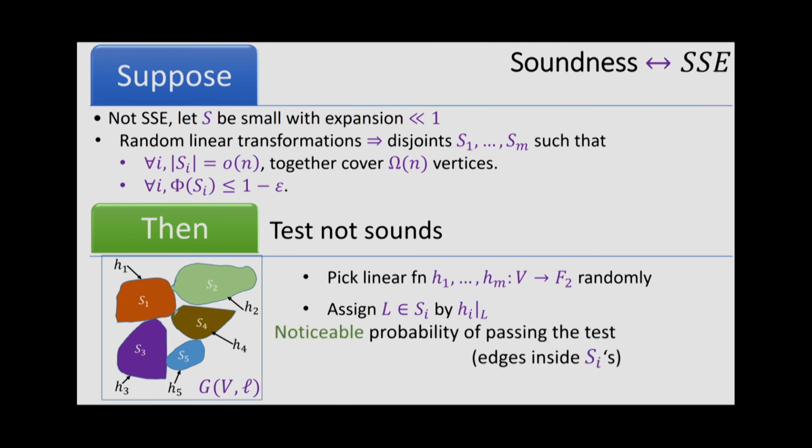So we need to notice two facts. First of all, if you run the test on this assignment, it passes with noticeable probability, with constant probability. And why is that? Well, because the sets S1 to Sm cover a constant fraction of the vertices, they also cover a constant fraction of the edges.